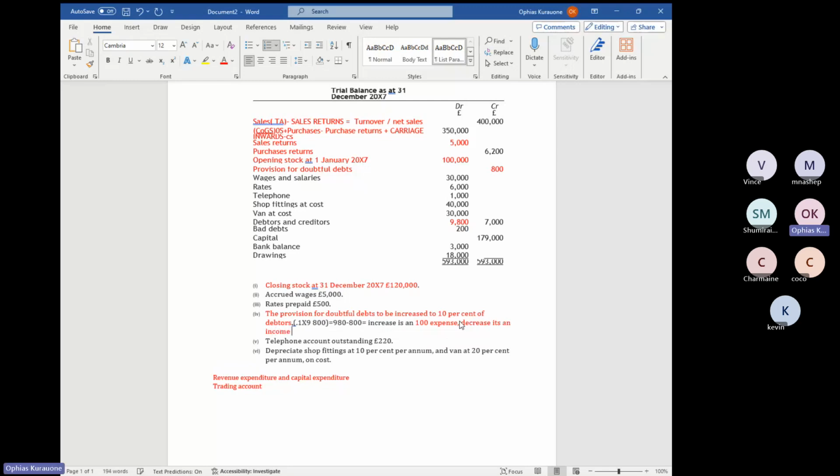So in this situation, let's say, for example, our debtors may be decreased by 5%, which is 0.05 multiplied by 9,800.